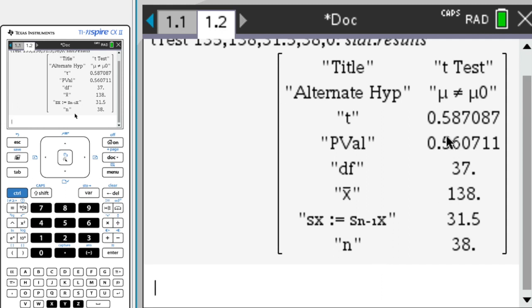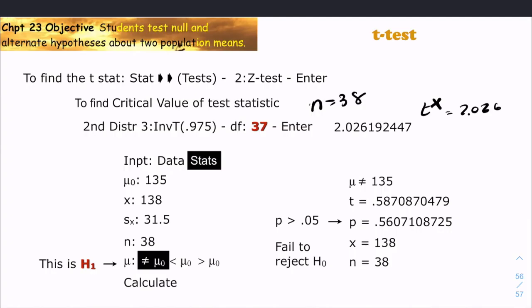And then when we hit enter, we see a t-value instead of a z-score of 0.587. And a p-value, the probability we get this, is 0.5607. Very similar to the z-test. Again, because this is above our significance level of 0.05, we fail to reject the null hypothesis in this case.